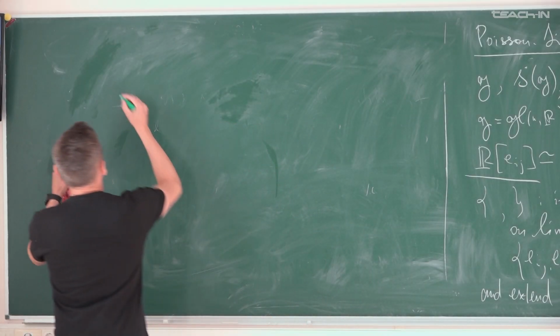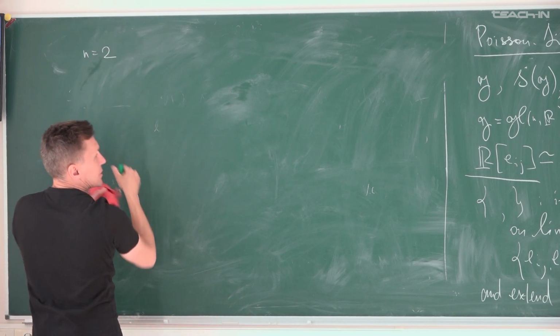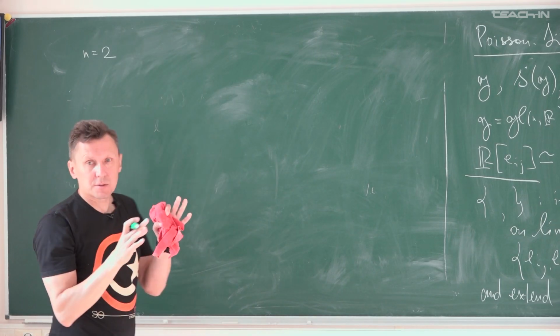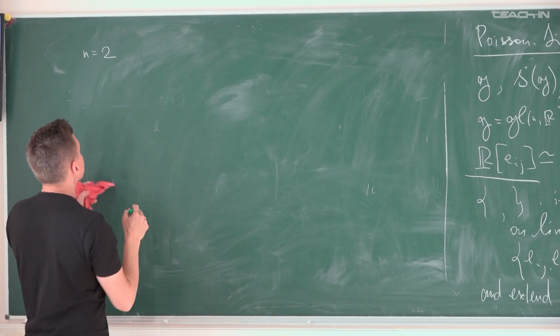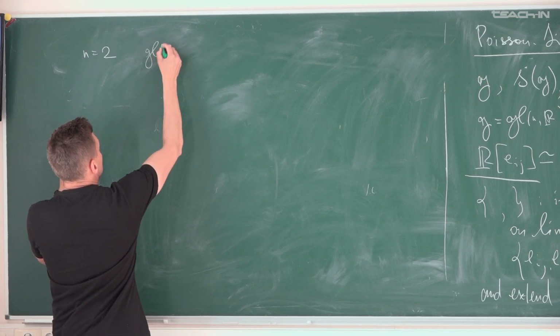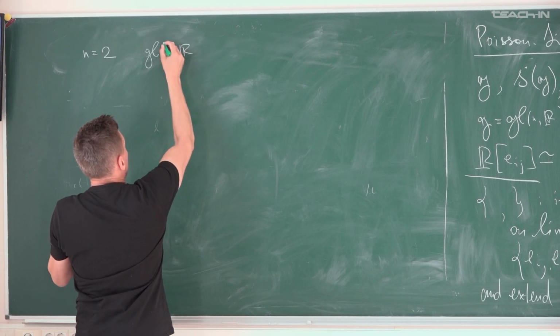For example, if n is equal to 2, it means that we have just the Lie algebra of 2 by 2 matrices, gl_2(R).